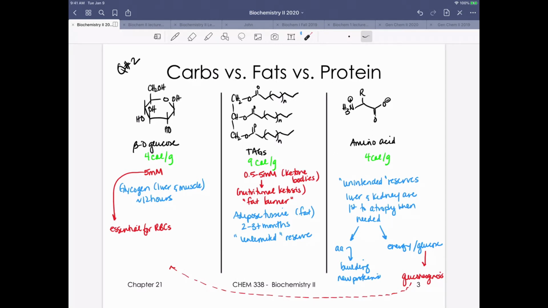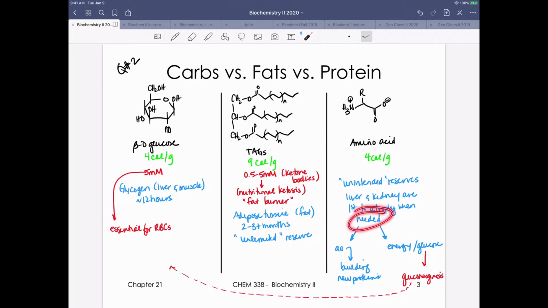So an important concept to think about here is, as much as we have intended storages for carbohydrates and lipids in our body, we really don't have intentional reserves of amino acids and protein. We do have what we're going to refer to as unintended reserves. That is, if we do need to tap into our own tissues in order to access amino acids, we are going to see selective atrophy of liver and kidney as tissues to provide amino acids as needed.